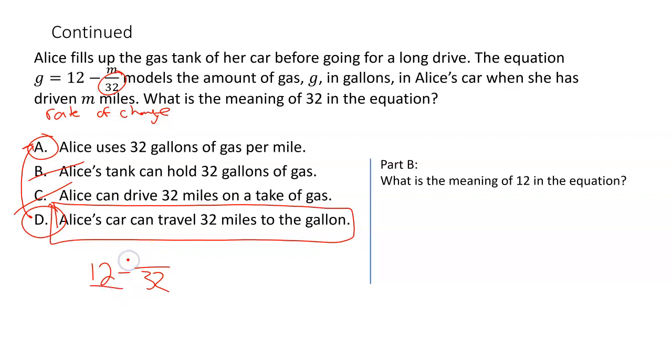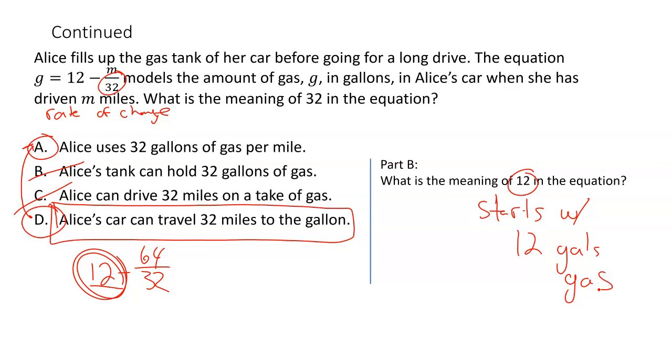She drove 64 miles. That's 2 gallons of gas. We're taking away 2 from 12. So as we continue to drive, we're taking more away from this total. Our constant, our starting point, what she starts with. She starts with 12 gallons of gas in the tank.